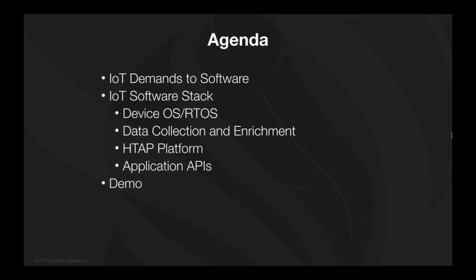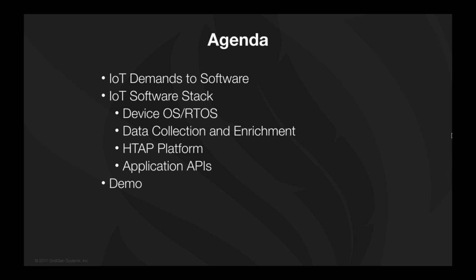Next, all of these edge devices measure information around the environment they are deployed in, and they transmit this information to our backend services, to our applications. Usually this is done via so-called data collection and enrichment layers, which will be our second building block in the software stack. Next, we are going to briefly talk about the HTAP platform, which is our main storage and computational platform. By the way, HTAP stands for Hybrid Transactional and Analytical Platform.